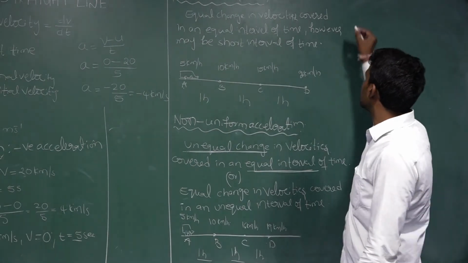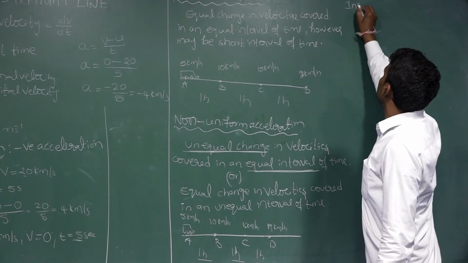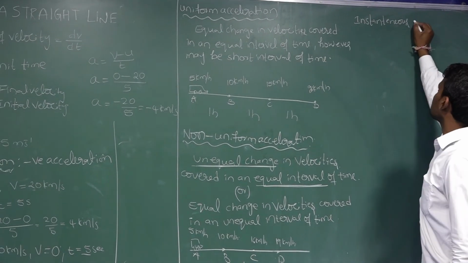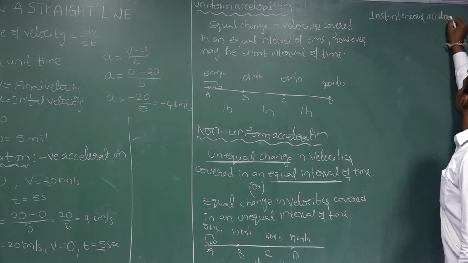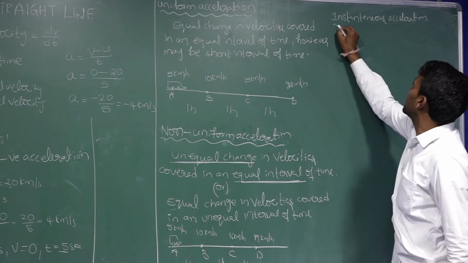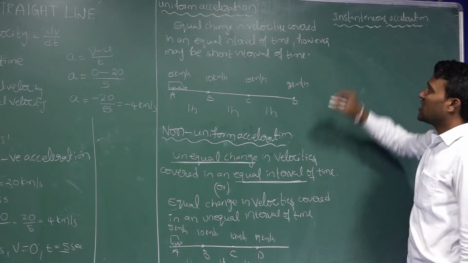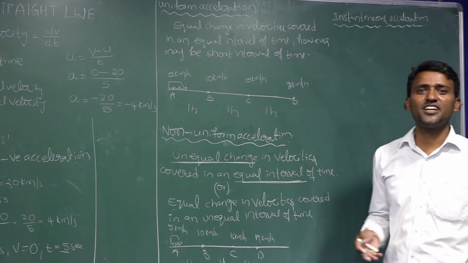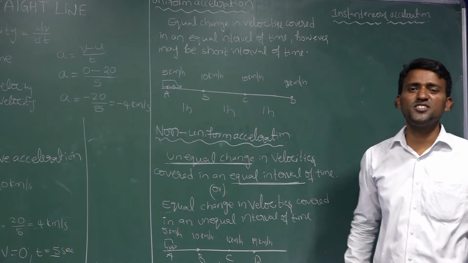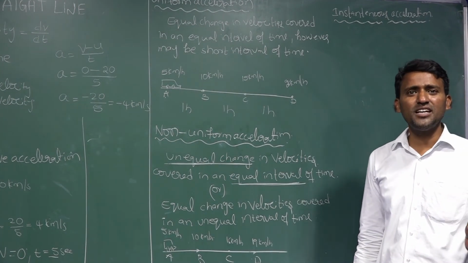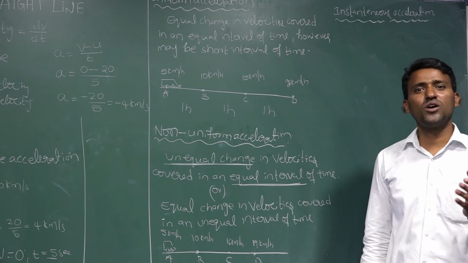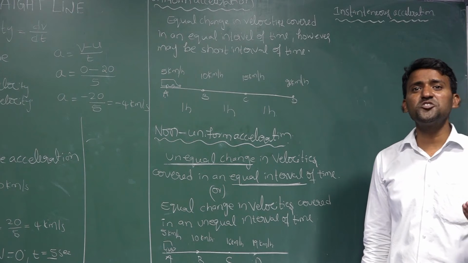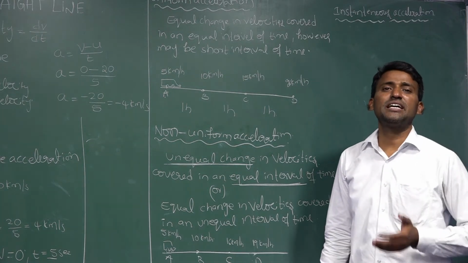We can discuss about instantaneous acceleration. What is instantaneous acceleration? See here, what is instantaneous speed, what is instantaneous velocity? Same like that only. Instantaneous speed means speed of the particle at a particular instant. Instantaneous velocity is velocity of the particle at a particular instant.